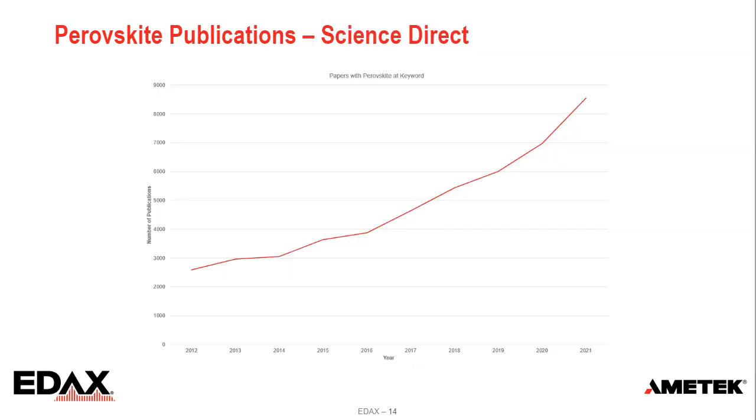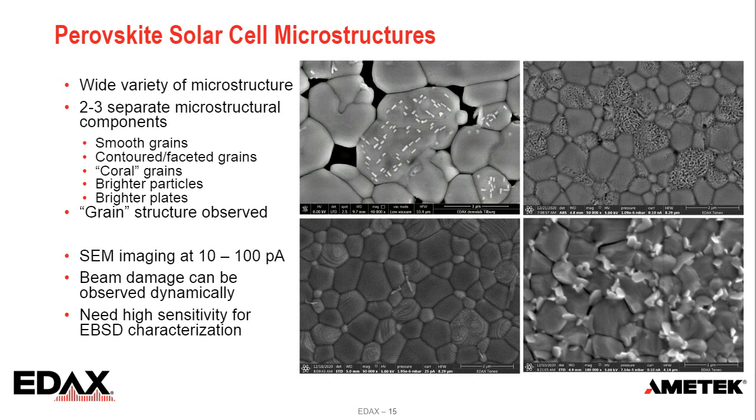So just to show the growth of this, this is something I pulled off of Science Direct, just using perovskite as a keyword. It shows the number of publications in about the last 10 years and how it has grown significantly in terms of research interest. And as we've looked at these, of course, we've seen a number of groups that have said, hey, we're interested in using EBSD to characterize these perovskite cells. And we've seen a wide variety of different microstructures.